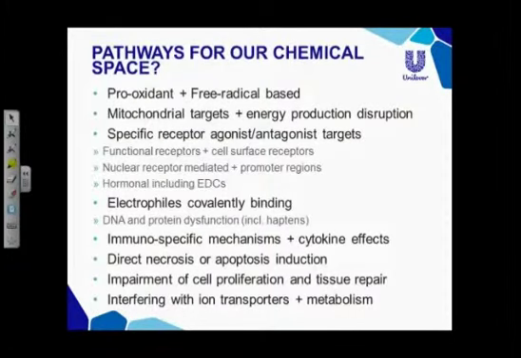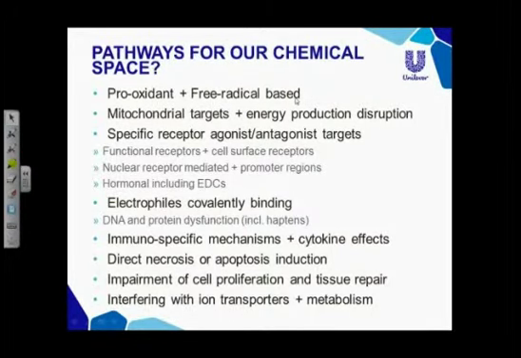So, companies like Unilever and others, we have to start to think about what are the pathways that would be important for our given ingredients. What might be affected, and we can do that by looking at past chemicals and past things which have had toxicity. A great many chemicals have toxic mechanisms through pro-oxidant effects, or can be free radical based.